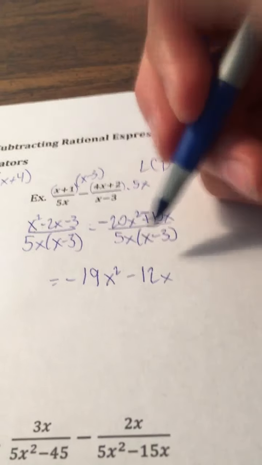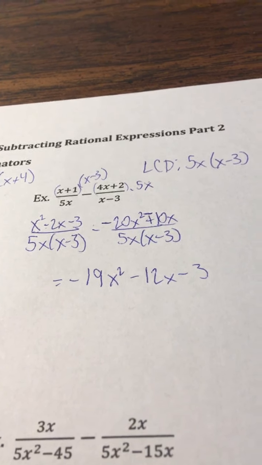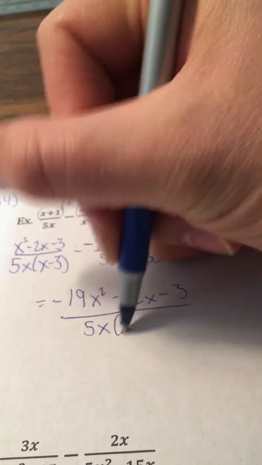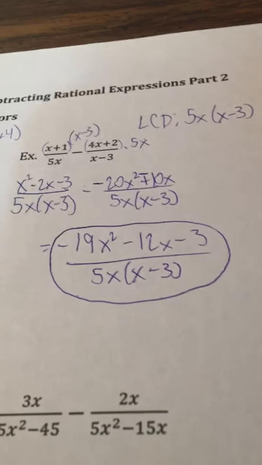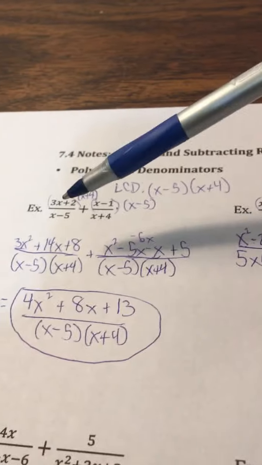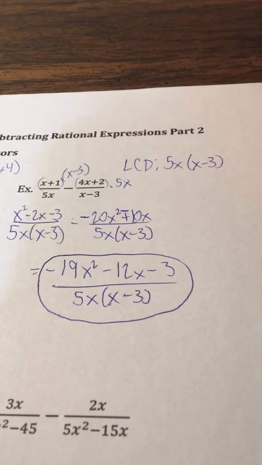And then negative 3, nothing to combine with that. So just leave that as a negative 3. All right, over that denominator, 5x, parentheses, x minus 3. There's my answer. So again, if you have a monomial and a binomial, or if you have two binomials in your denominator, just put them together to get your least common denominator.